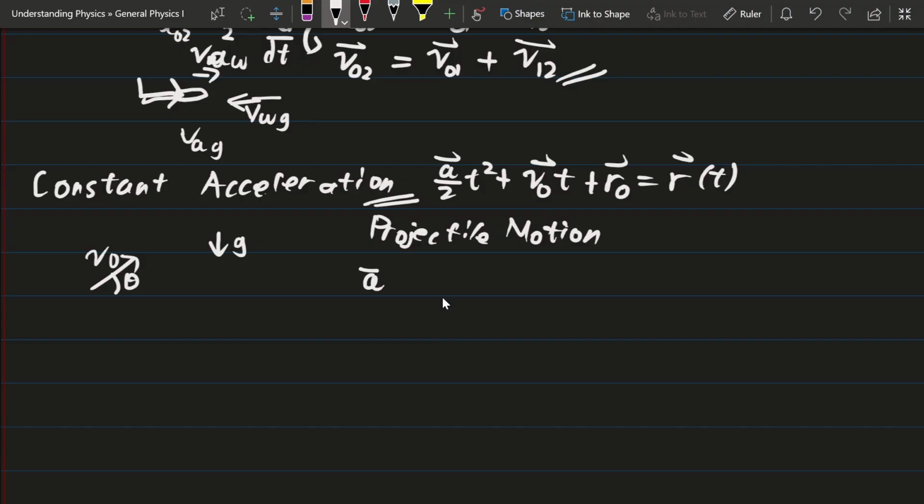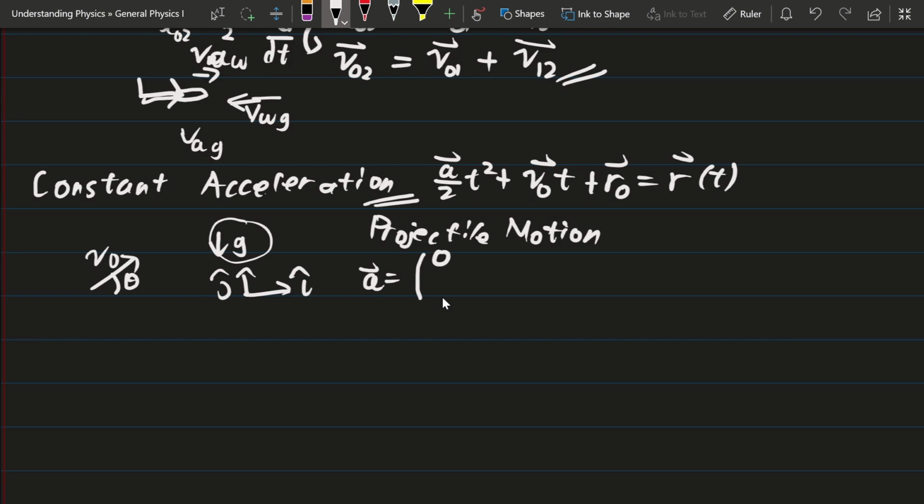We have our acceleration vector, so let's state our coordinate system, i hat and j hat. There is only one acceleration, which is only going down.